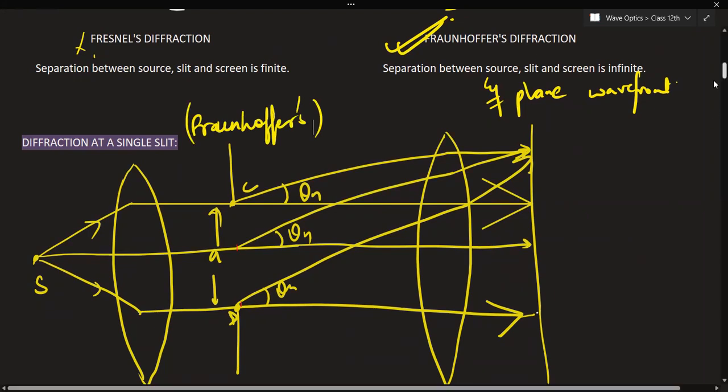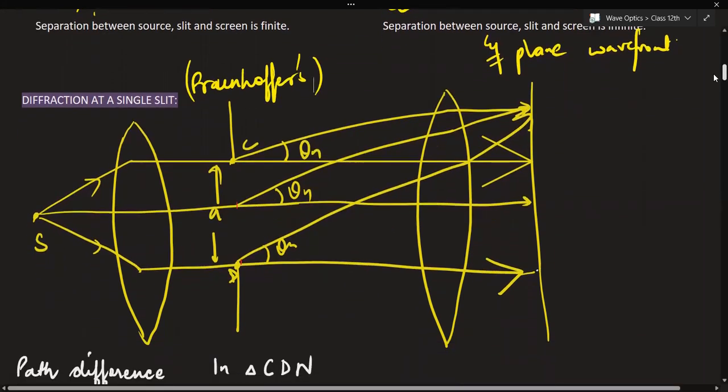This is a source. We have obstacles, but we want to converge the light rays. What did we do over here? This was a source, from the source light rays emerged and a lens was kept to converge them.